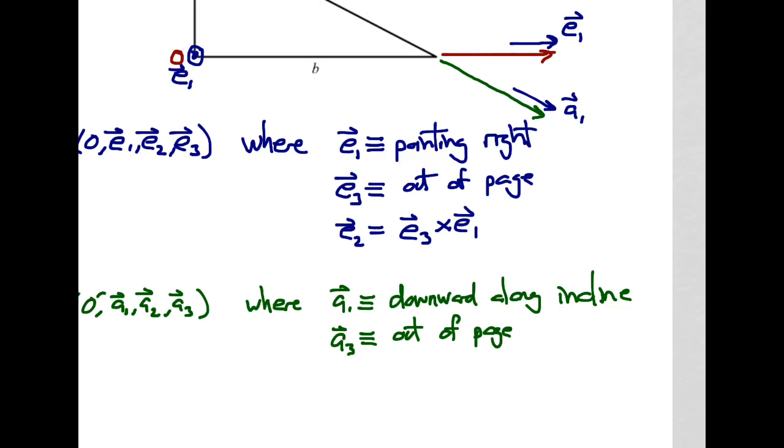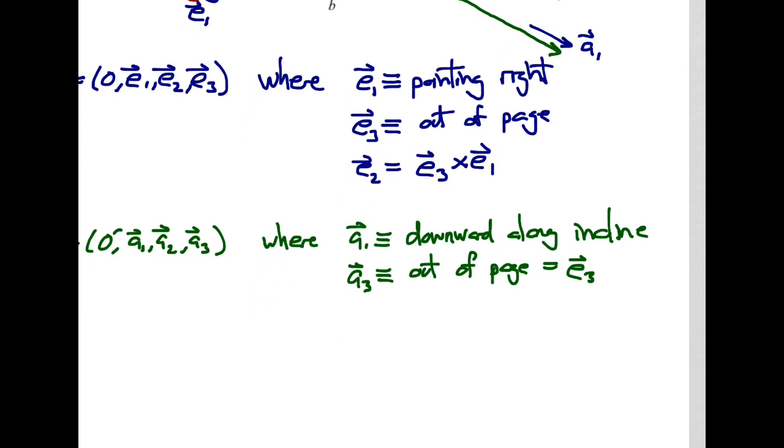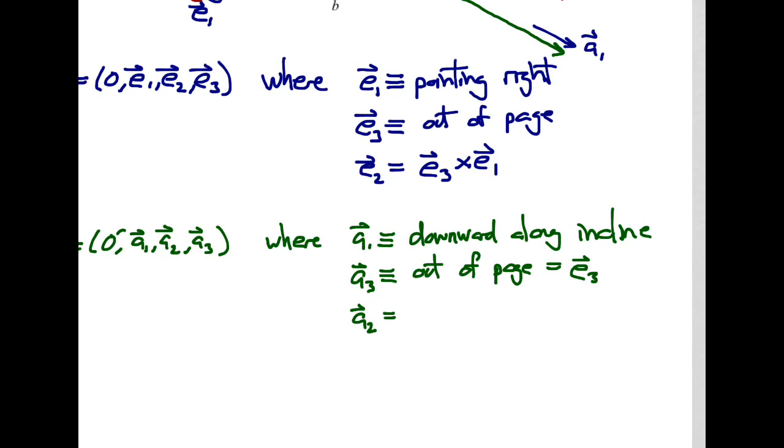Okay. Or another way we could say that is A3 is the same as E3. We're defining that. And then A2 is equal to A3 crossed with A1.